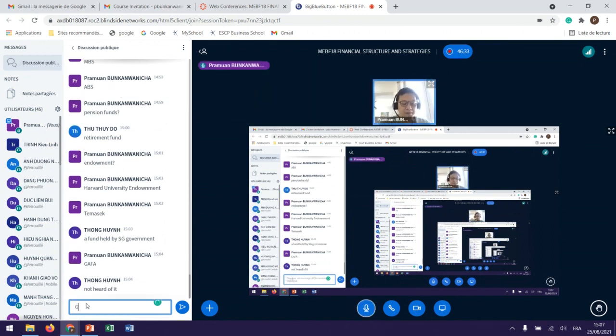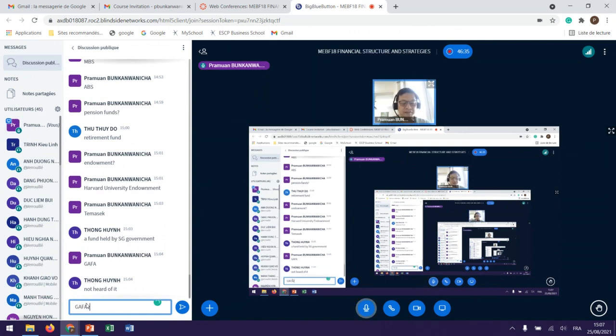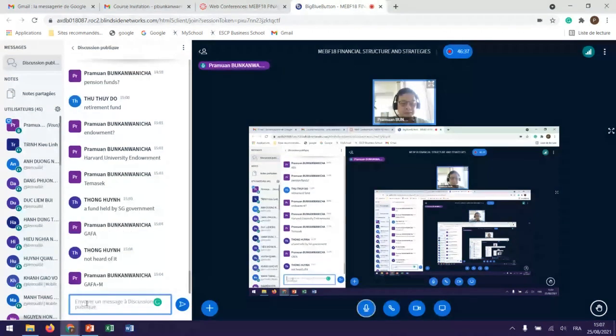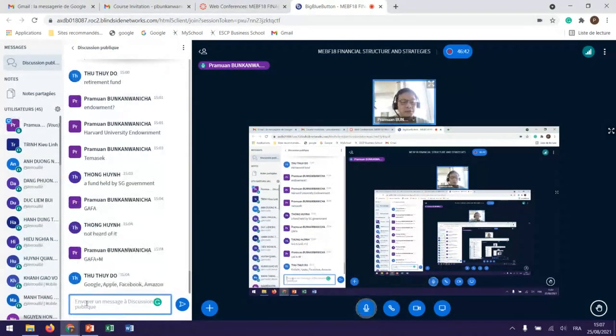People talk a lot about GAFA plus M, which almost dominates the whole world economy these days. Google, Apple, Facebook, Amazon. Perfect. And then you also have Microsoft. These are huge tech firms, and they have become so powerful. Many people, a lot of politicians, believe that they may be too powerful.